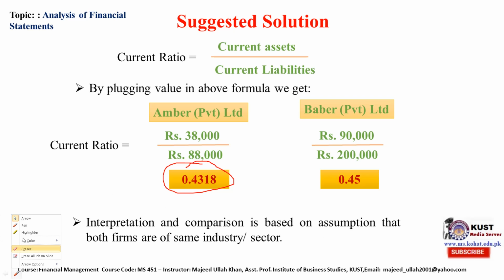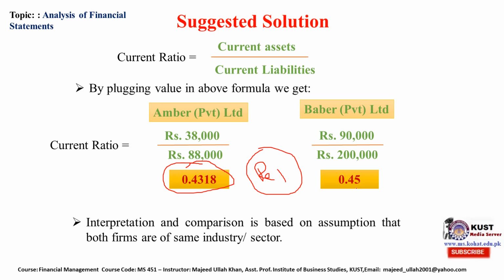It means that for 1 rupee of liability, Amber has 43 paisa to pay it, and Babar has 45 paisa to pay 1 rupee of liability.